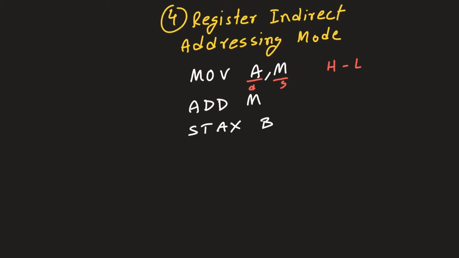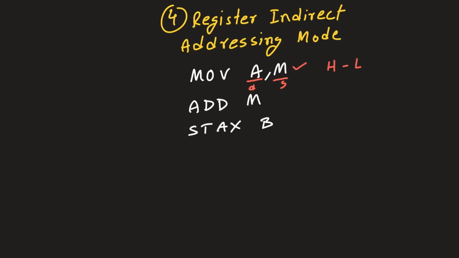Here something will be transferred to the accumulator, so the accumulator is the destination. The source is pointed out by the HL pair. Whatever is inside the HL pair is data, but whenever this type of instruction is executed, the content of HL pair is treated as an address.